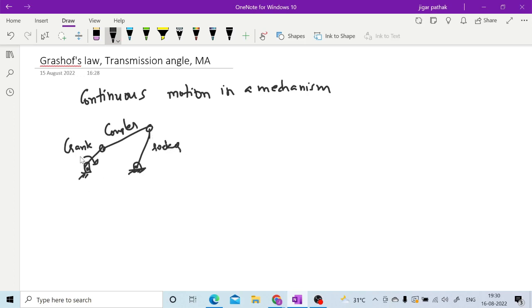If you want continuous motion or full revolution of this crank, what is the required condition? This crank is the shortest link, and we assume this fixed link is the longest link. Let us say the length of this coupler is P and the length of this rocker is Q.